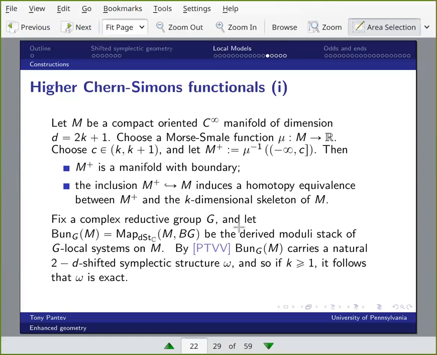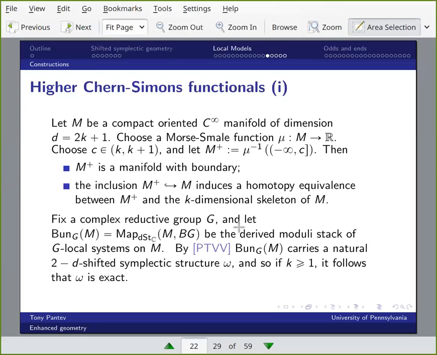Now I have a bunch of critical points that are labeled by, they go from the dimension to 0. And I'm going to choose a regular value which sits in the middle interval, right? Because the dimension is odd, there is a middle interval that sits between critical values k and k plus 1.